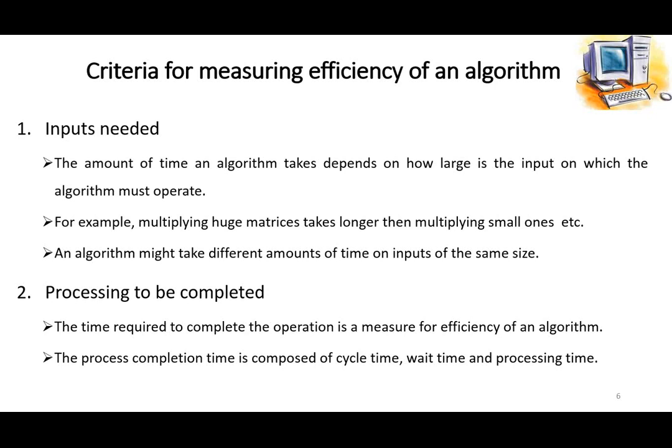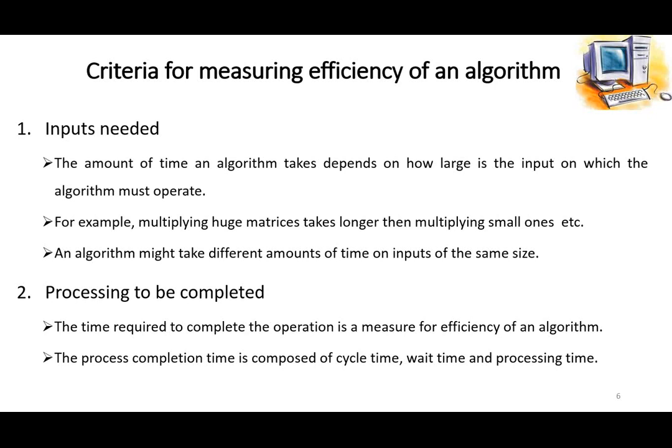Some other time we will talk about the cycle time, wait time and processing time, and we will differentiate these 3 different timings which are used while processing any set of instructions or while performing any operation. But overall here we have to know that the process completion time is actually composed of cycle time, wait time and processing time.